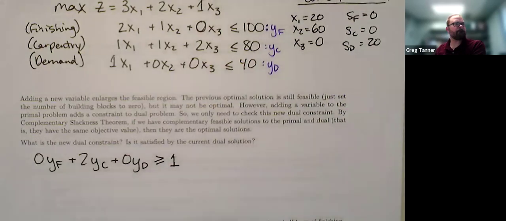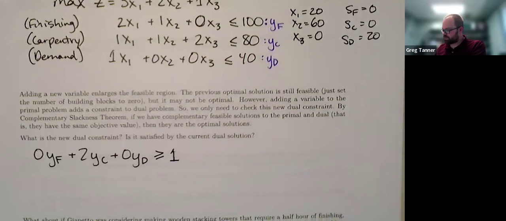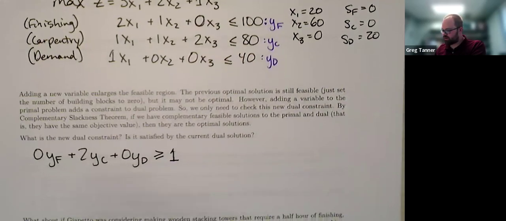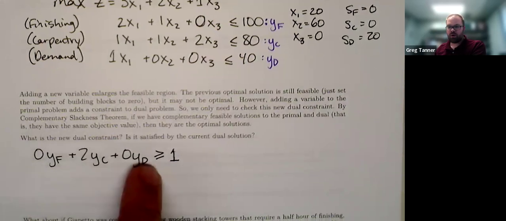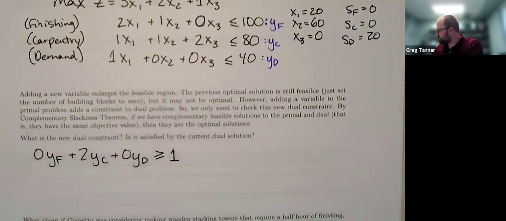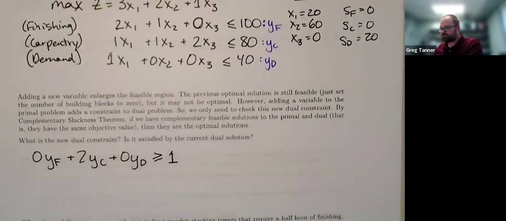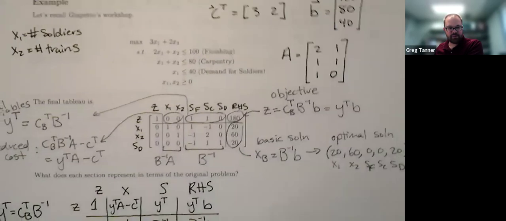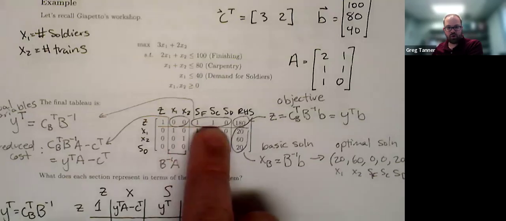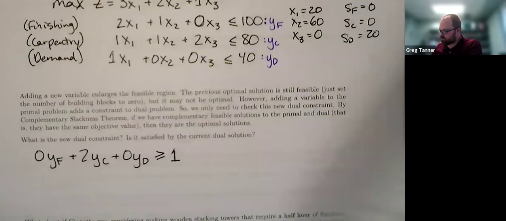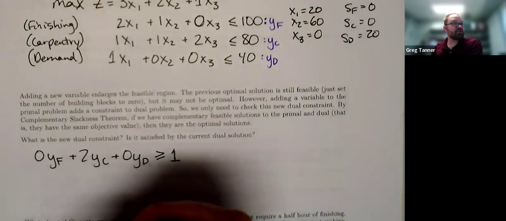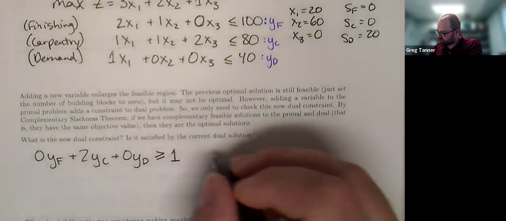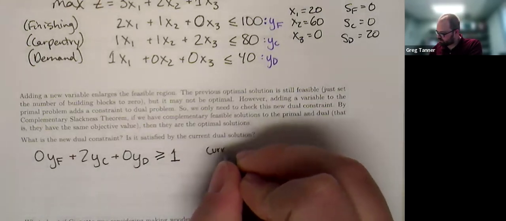Okay. So let's fill in, what are our y values? Looking back at our tableau, the y values are still the y values that we had before of 1, 1, and 0.